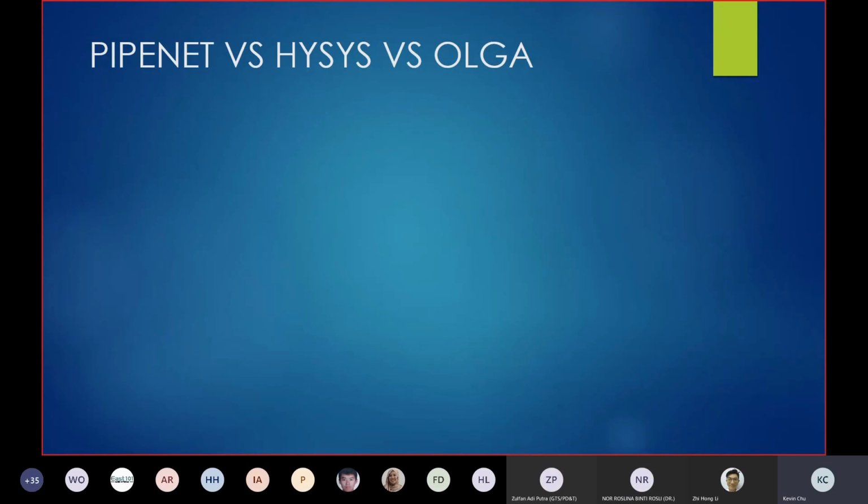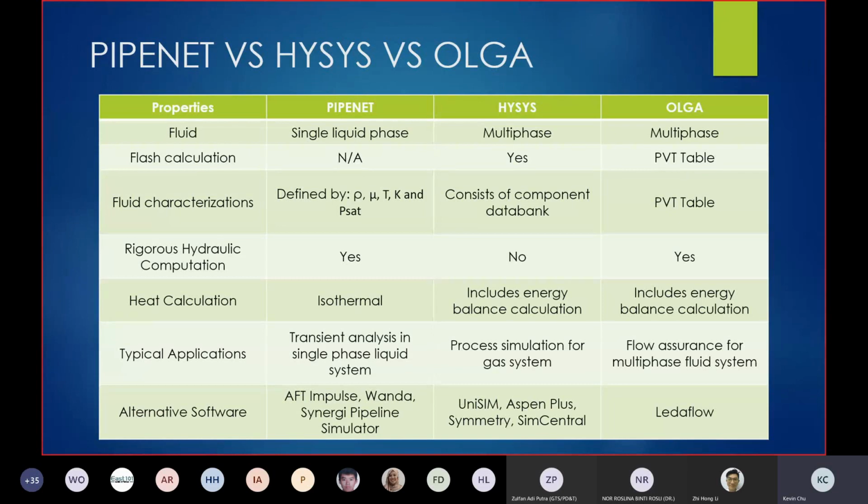It is owned by Schlumberger. We did a comparison of this software based on the following properties: fluid flash calculation, fluid characteristics, rigorous hydraulic computation, heat calculations, and also the application and their alternative software. I will go through them one by one.